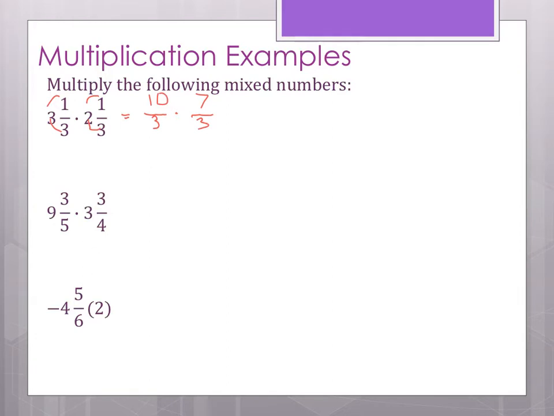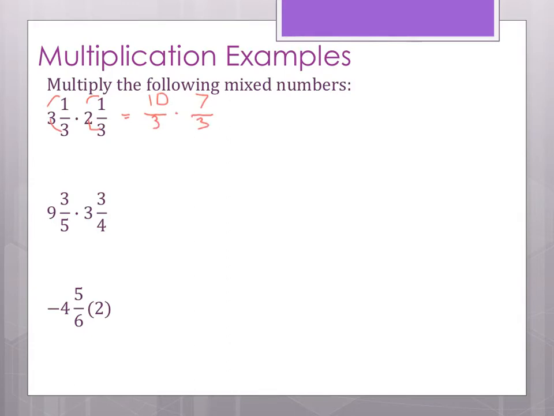And now it's time to multiply. I could cancel out common factors here, but I don't see any. The only numbers that these 3's could cancel out would be a 3 on the top, and 7 and 10 aren't divisible by 3, so there aren't any common factors here.